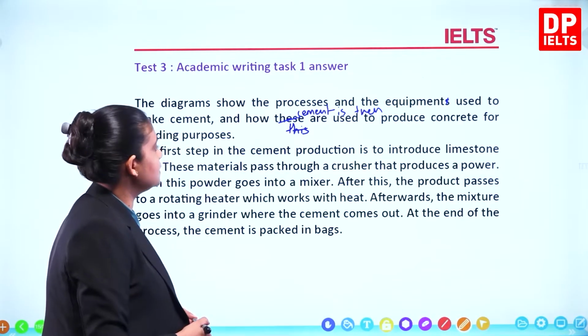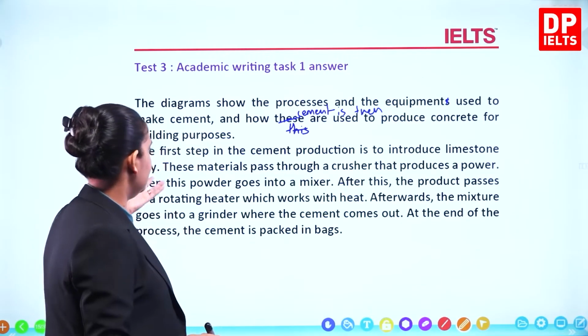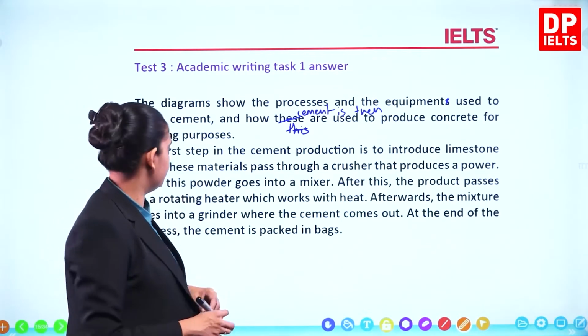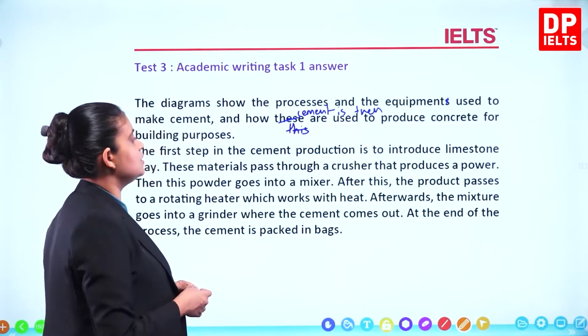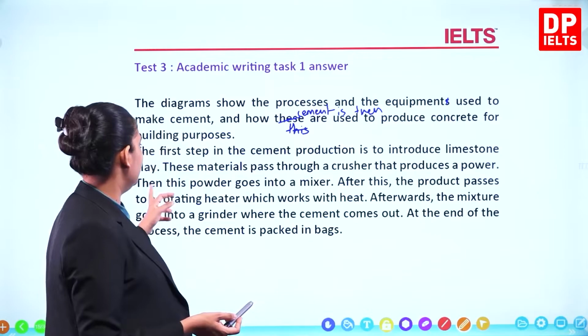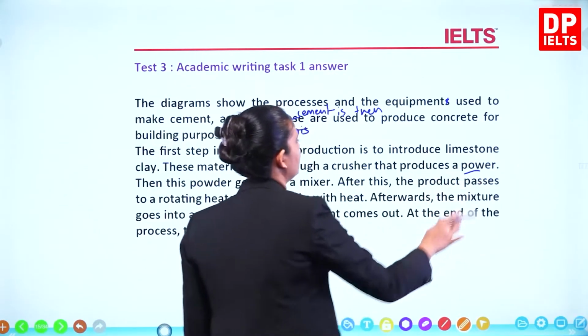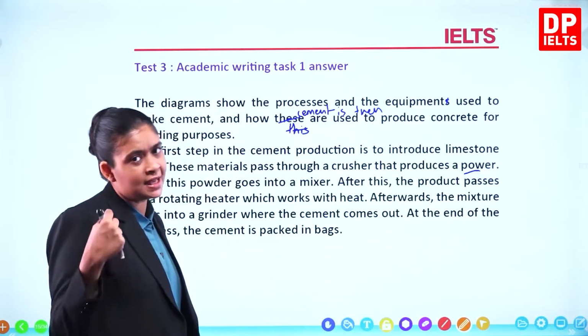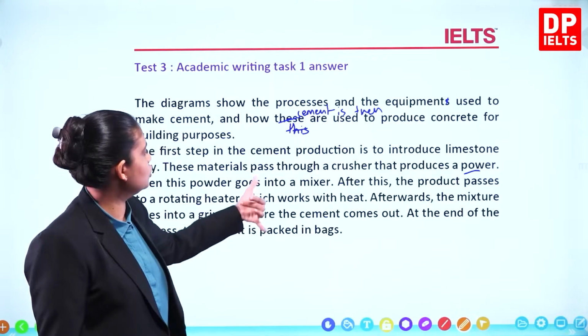The first step in the cement production is to introduce limestone and clay. The end part is missing. These materials pass through a crusher that produces a power. Then this powder, so it should be powder. So you can see that the student is also making spelling errors, right? Then this powder goes into a mixer.